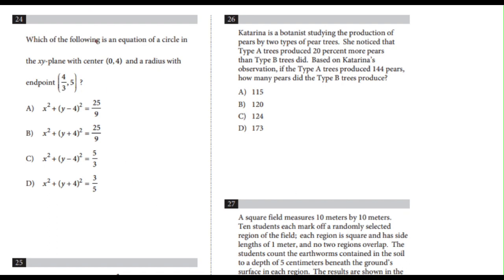Number 24, which of the following is an equation of a circle in the xy plane with center 0, 4 and has a radius with endpoints 3/4, 5? So the first thing that we need to think about is the equation for a circle, which is (x minus h) squared plus (y minus k) squared equals r squared.